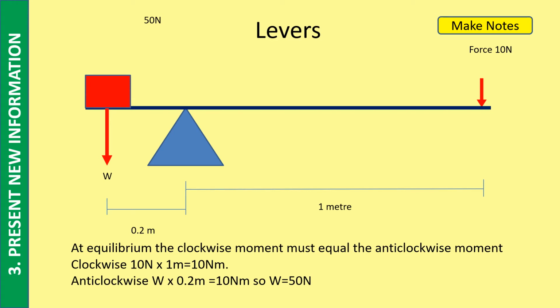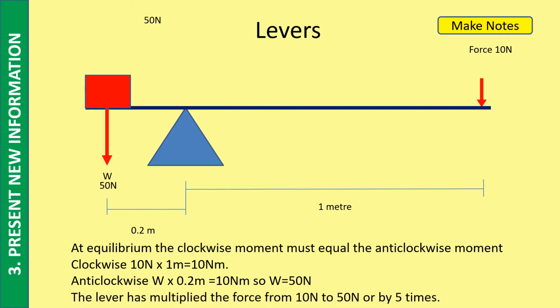That means that W is 50 newtons, because 50 times 0.2 equals 10. Now that means that we have used a force of 10 newtons to lift a weight of 50 newtons. We say the lever has multiplied the force from 10 to 50 newtons, or by 5 times.